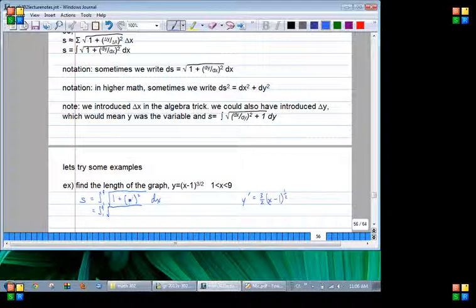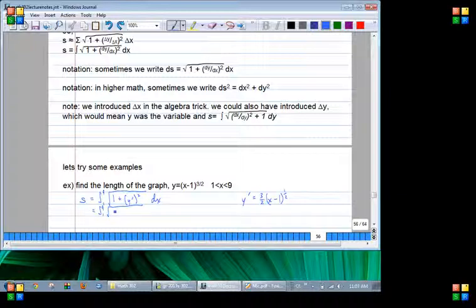Square root of, so now, what is y prime squared? Actually, I'm not going to do it on the side. I'm just going to stick it in there.